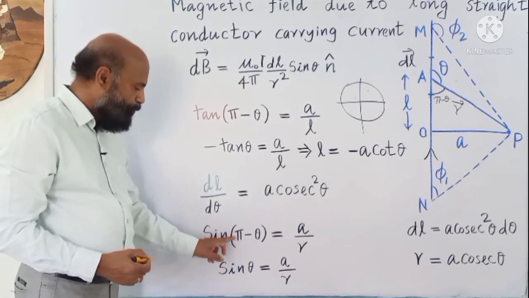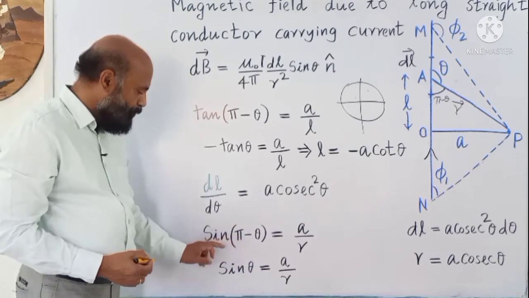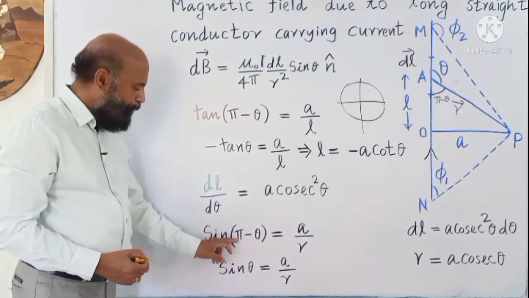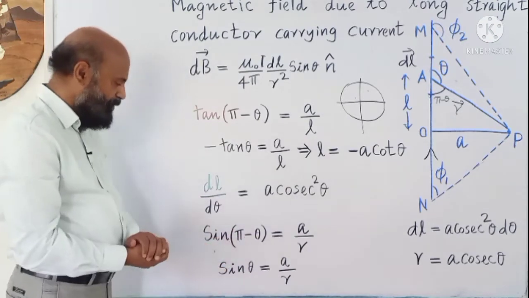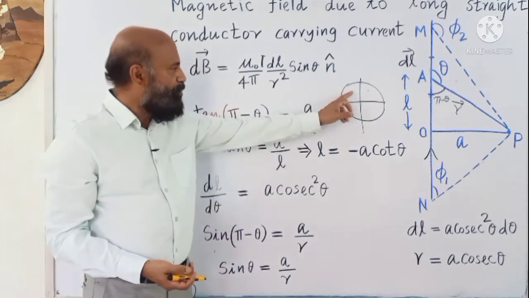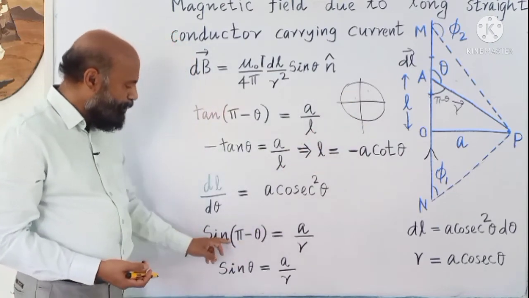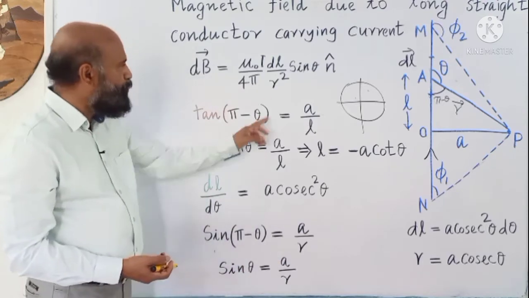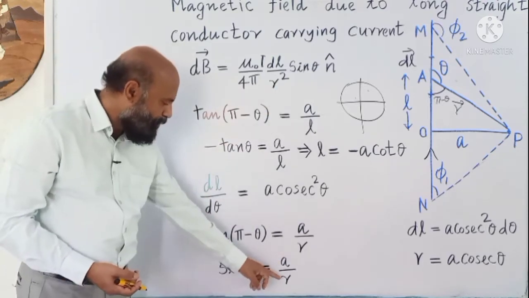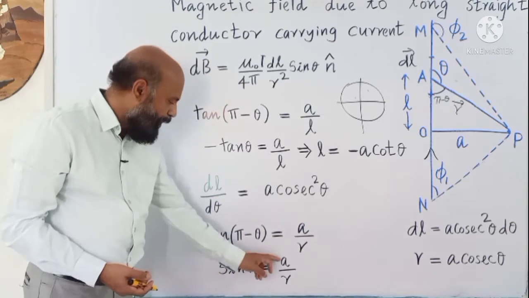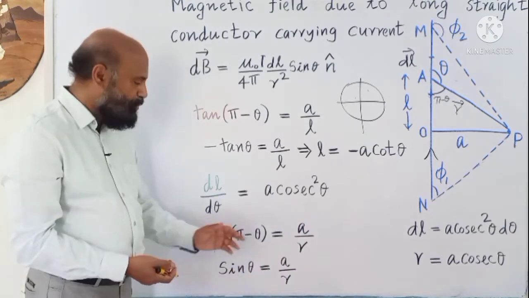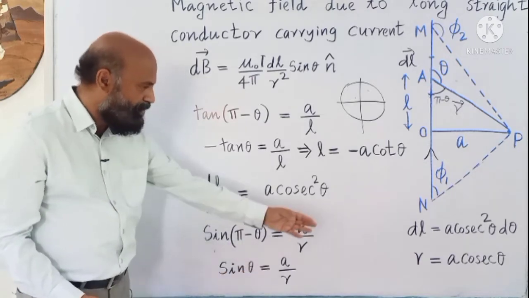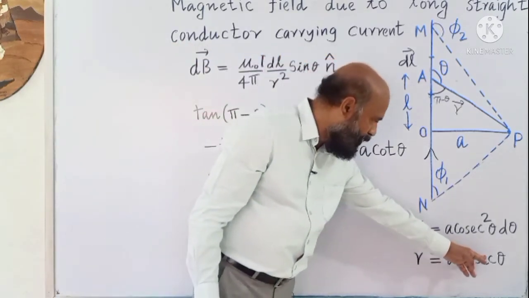When it is an even multiple of pi by 2, sine of pi minus theta can be written as sine theta. The second quadrant sine is positive. So sine theta is equal to a by r. Our aim is to get an expression for r. After rearranging, r is equal to a divided by sine theta, because 1 by sine theta is cosecant theta. So r is equal to a cosecant theta.